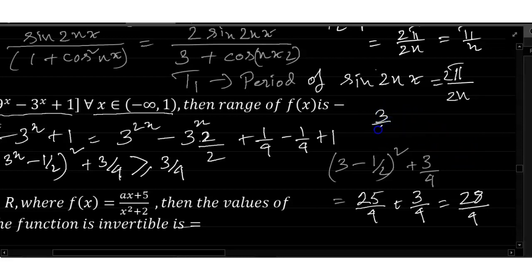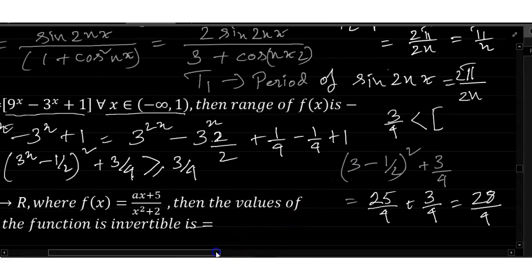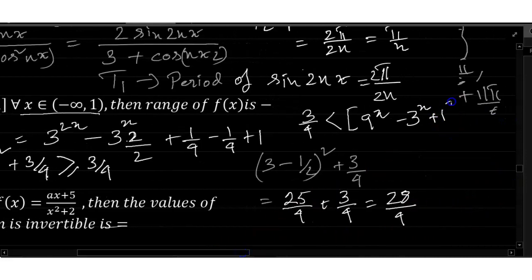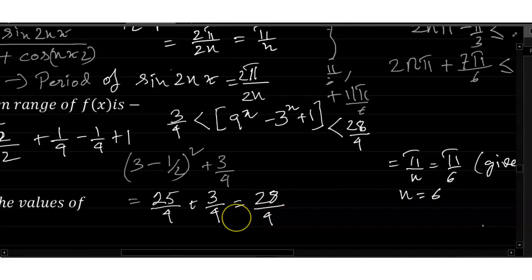So 3 by 4 is less than the minimum value, 9 to the power x minus 3 to the power x plus 1, less than 28 by 4. This is my maximum and minimum.